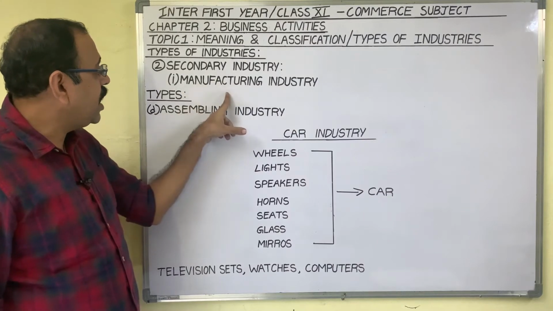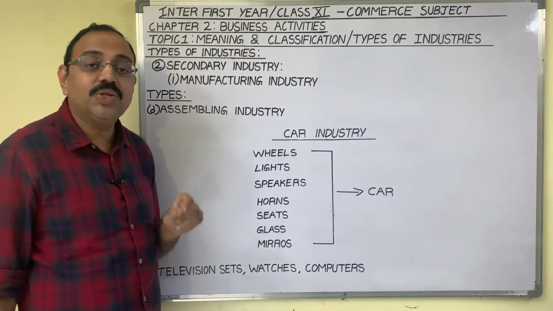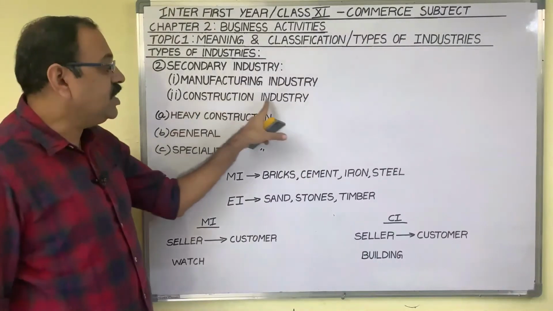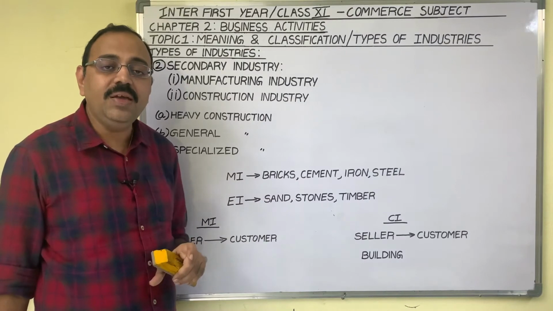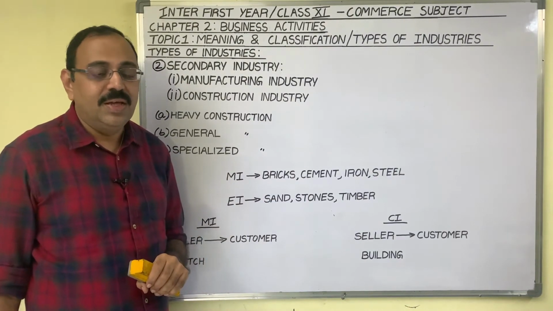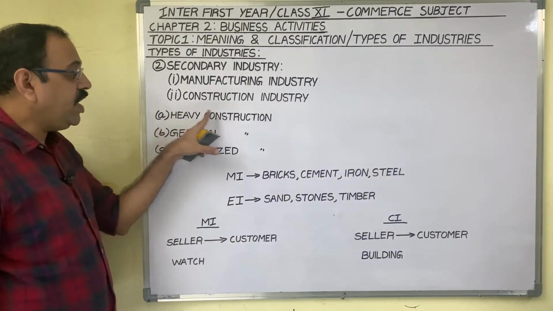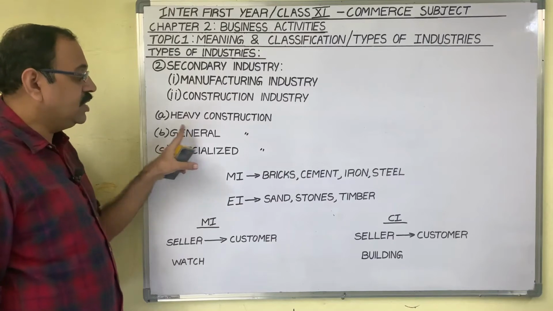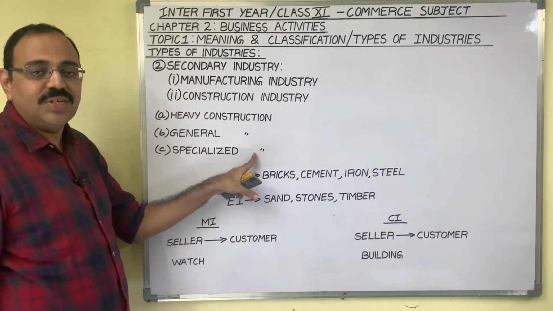Now, second type of secondary industry is construction industry. Let us know about that. Construction industry engages in the designing, constructing and maintaining of infrastructure. This industry is further divided into three types: heavy construction industry, general construction industry and specialized construction industry.